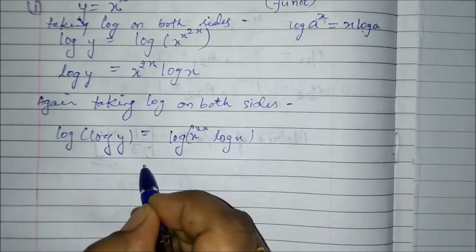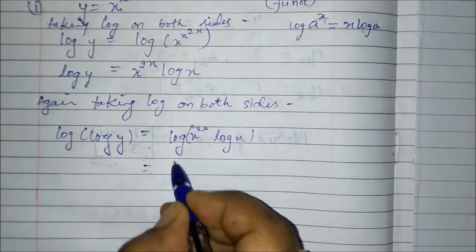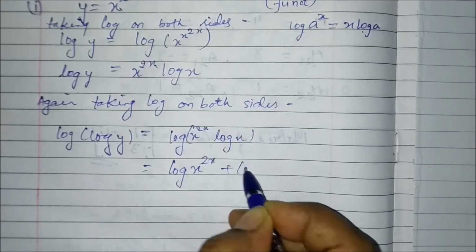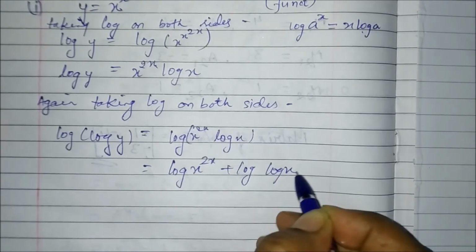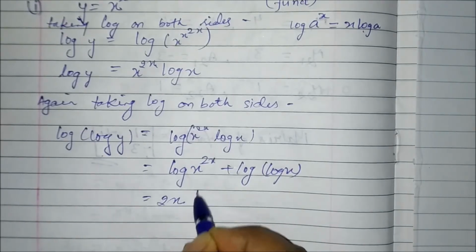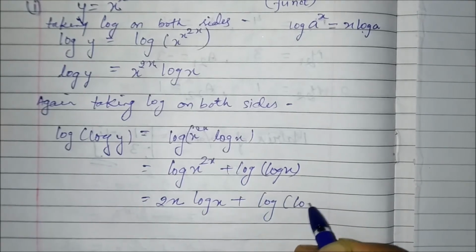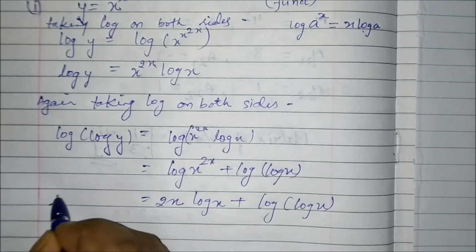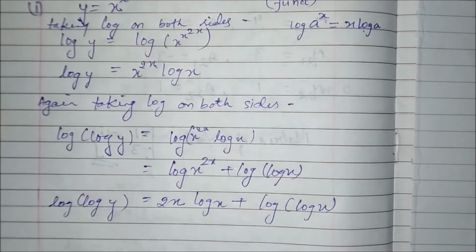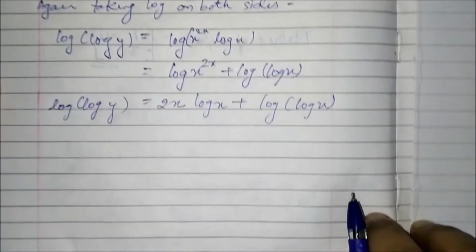Since log of a into b is log a plus log b, we get log of x raised to 2x plus log of log x, which becomes 2x into log x plus log of log x. So log of log y equals 2x log x plus log of log x. Now we will differentiate this.